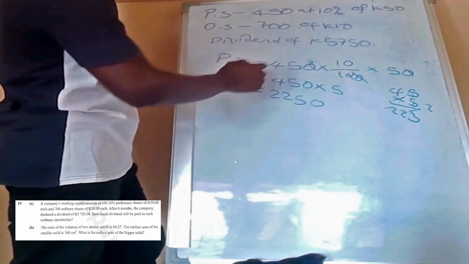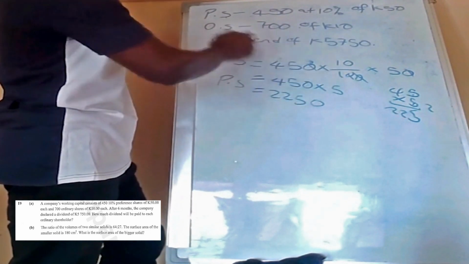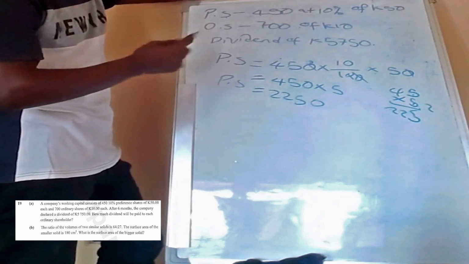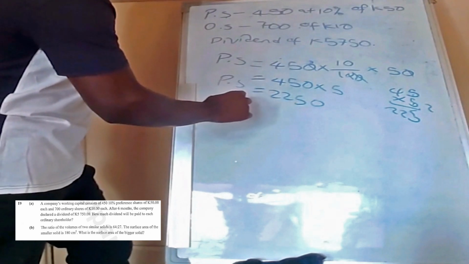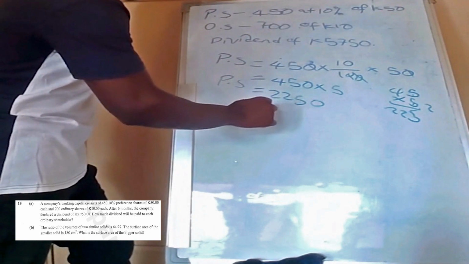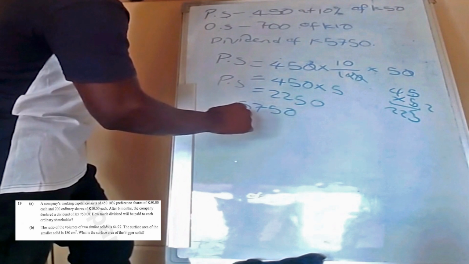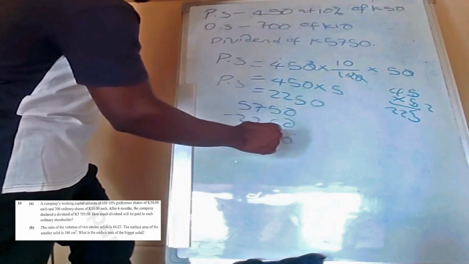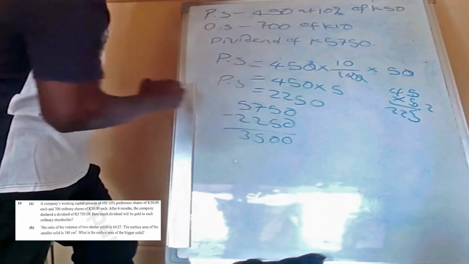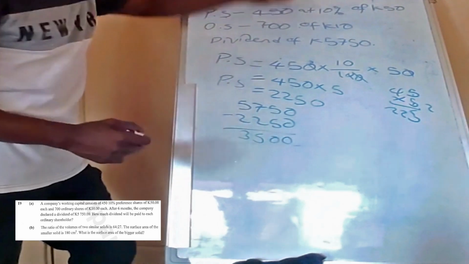So this minus that will give us how much the ordinary shareholders had to share amongst themselves. So 5750 minus 2250 is 3,500.